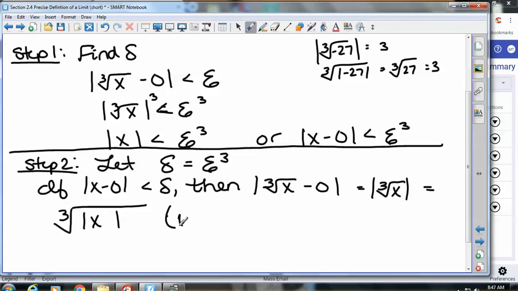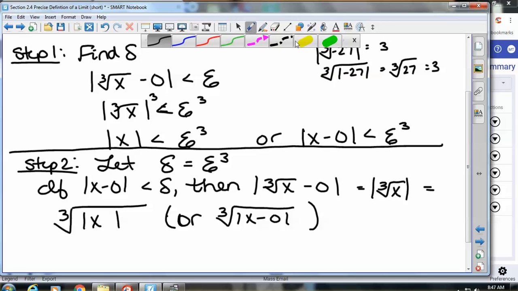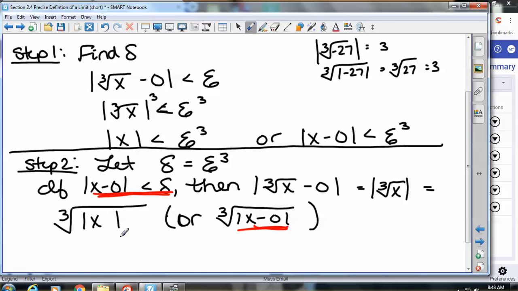Okay, if it helps you, you wouldn't necessarily have to show me this, but realize the absolute value of x is the same as the absolute value of x minus 0. We know the absolute value of x minus 0 is less than delta.